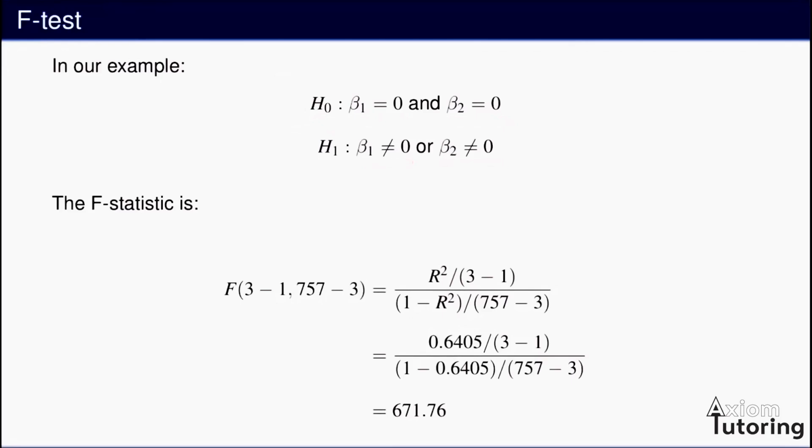So the F statistic is R squared divided by 3 minus 1, because we have three parameters that we estimated, divided by 1 minus R squared divided by 757, the sample size, minus the number of parameters we estimated. And the R squared of our model was equal to 0.6405. So when we calculate the F statistic, we get a value of 671.